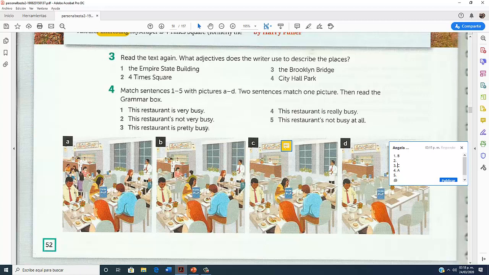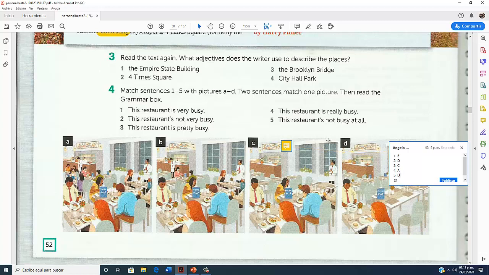Number 2 goes with picture letter D. This restaurant is not very busy. Only some people are in the restaurant. So we can say that this restaurant is not very busy, or this restaurant's not busy at all. So number 5 would go with letter D as well.